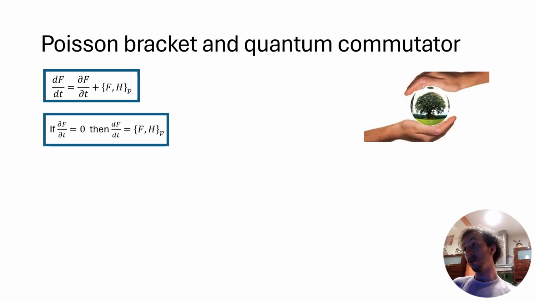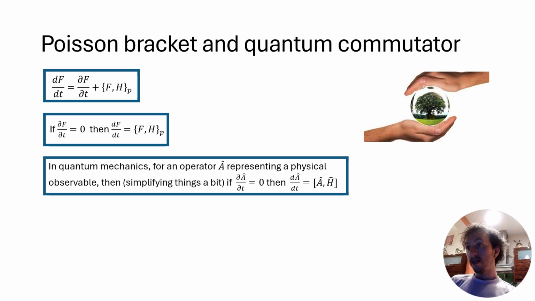And if f doesn't depend explicitly on time, then the derivative of f with respect to time is given exactly by the Poisson bracket. And so if essentially the Poisson bracket is 0, then f would be a conserved quantity.